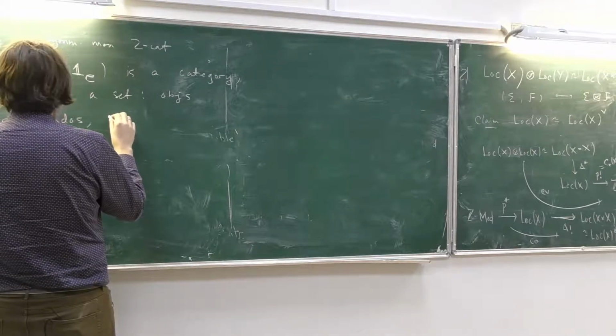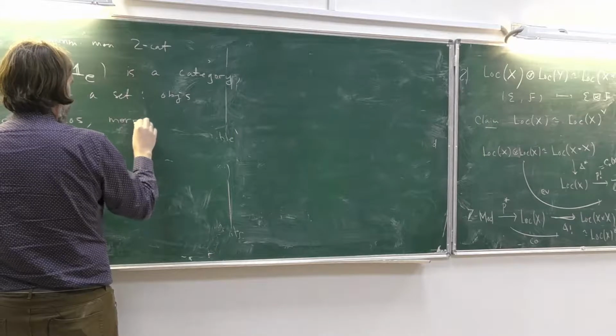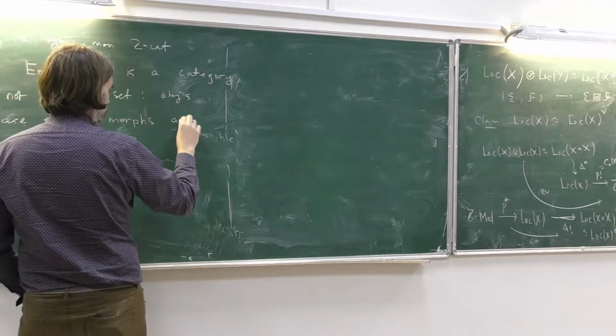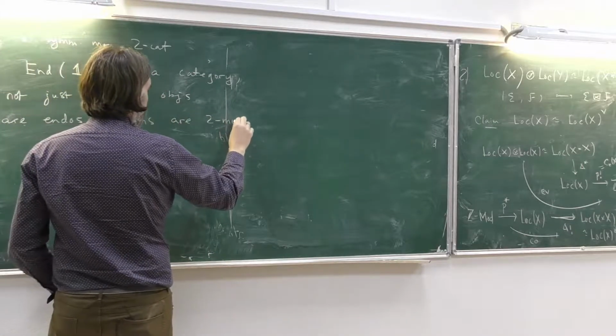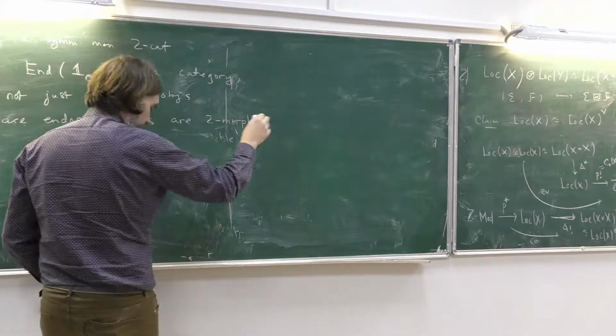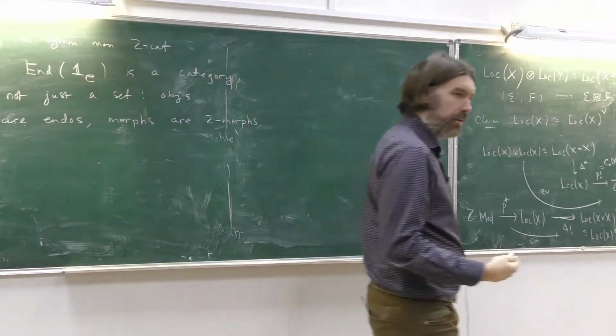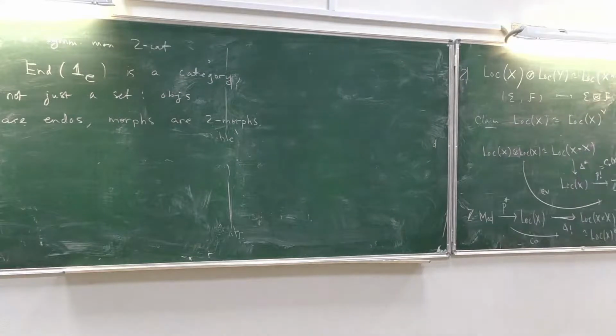The morphisms are the 2-morphisms. So for instance, in the 2-category of categories, if I fix a category, I can look at its endomorphism category, whose objects are the functors from the category to itself, and whose morphisms are the natural transformations.